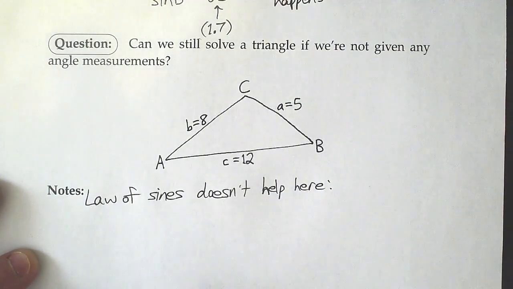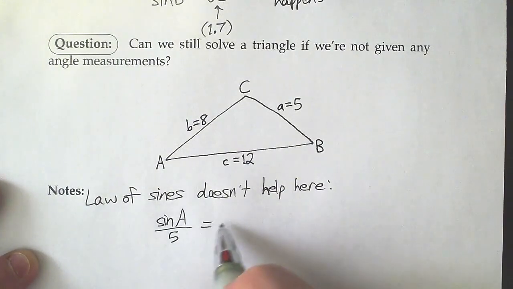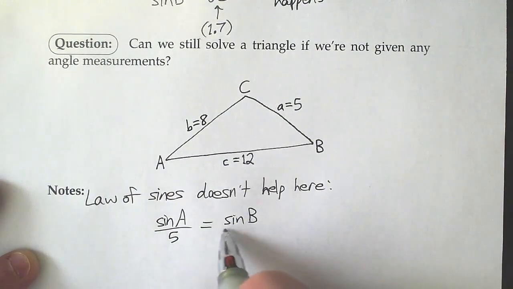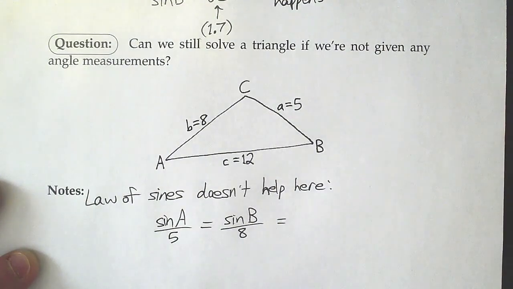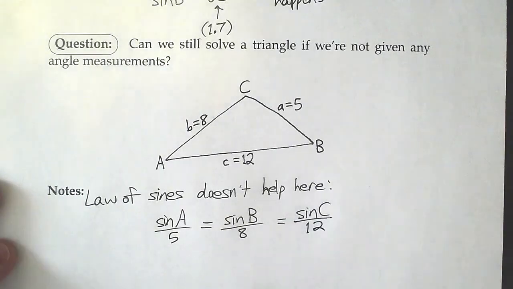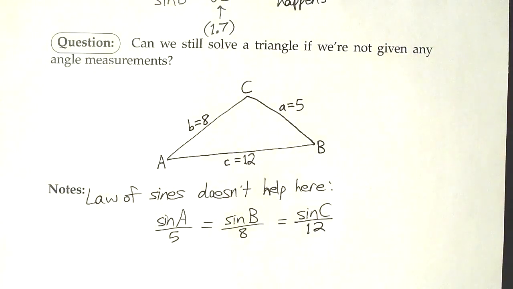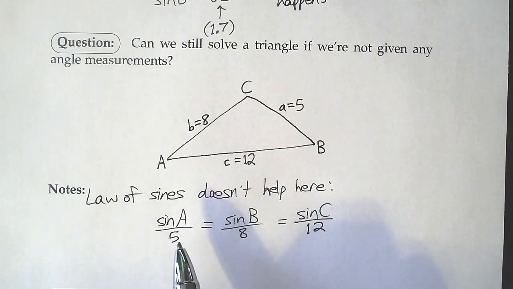If we try the law of sines, let's see what it looks like. Sine A over 5 is sine B over 8 is sine C over 12. Do you see why I'm saying this doesn't help, that we're kind of at a dead end? Normally, with the law of sines, you would grab part of this and cross-multiply to solve for something.